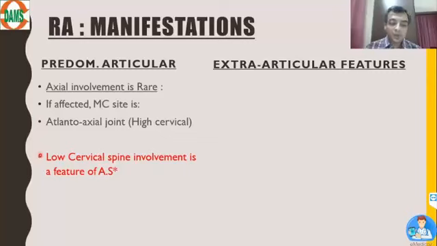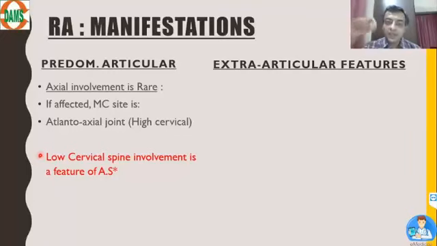Because low cervical spine involvement is a feature of ankylosing spondylitis. So again and again, I am trying to tell you, if you recall yesterday's approach table that we made, we discussed that inflammatory pauciarthritis is likely to be crystal induced after excluding trauma.